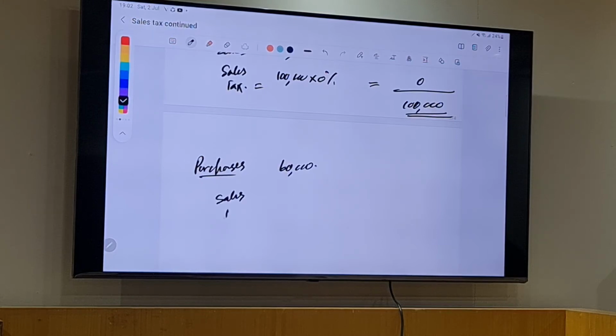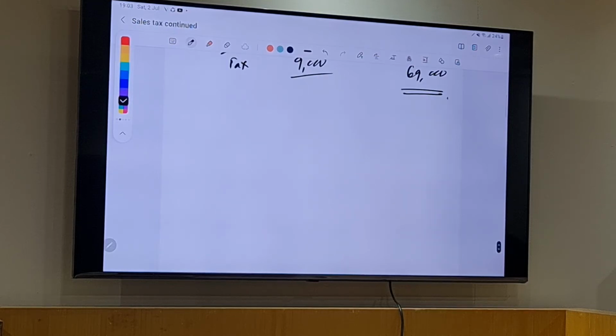Sales tax 9,000. So your purchases 60, and the sales tax 15%, which is 9,000, and then the total amount is 69.